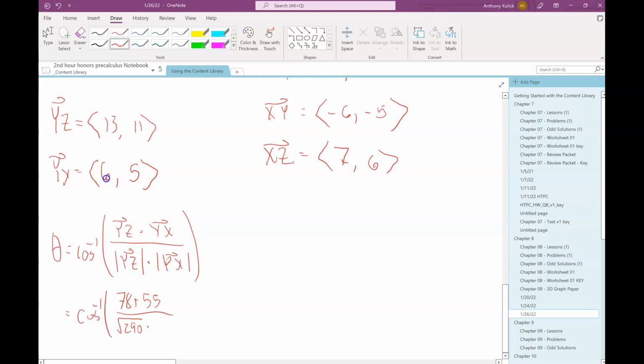And 6 squared plus 5 squared is 36 plus 25, so 61.